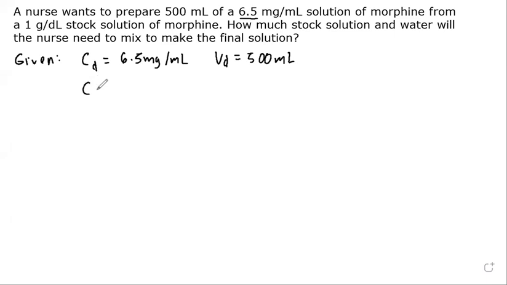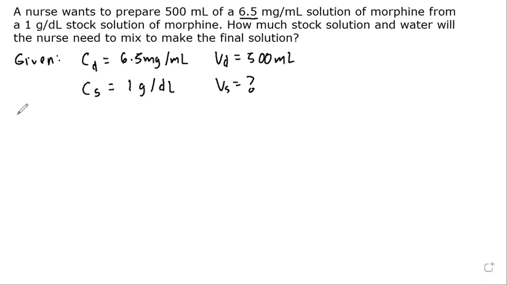And then our concentration of our stock solution is 1 gram per deciliter. And we want to figure out how much of this concentrated stock solution do they need to use to make 500 milliliters of a 6.5 milligrams per milliliter solution.